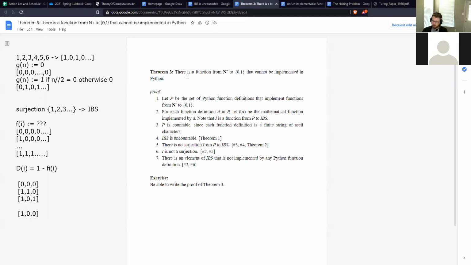That's weird. Well, we're going to use the same argument we've been using for everything just like this. So we're going to say, let P be the set of Python function definitions that implement functions from the natural numbers, or the positive naturals, to a bit sequence. So if you can think of a function that goes from N plus to a bit sequence, there's a Python function definition for it.